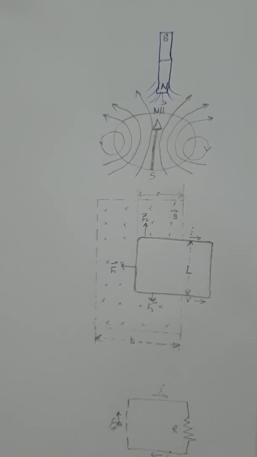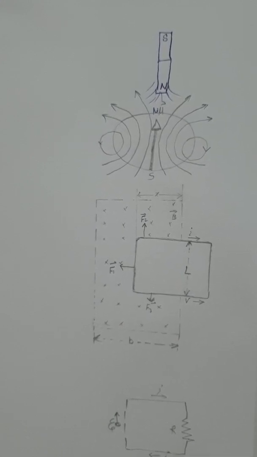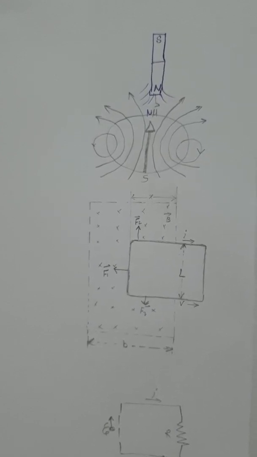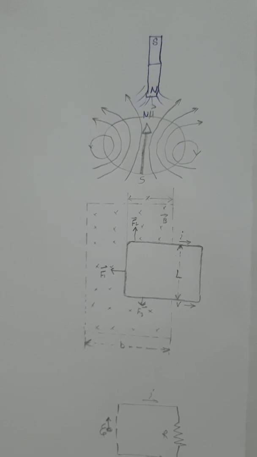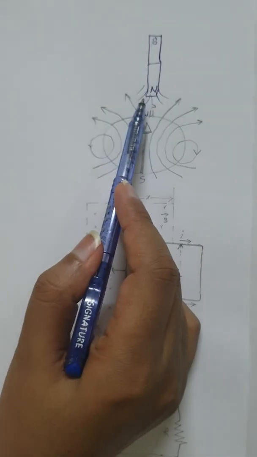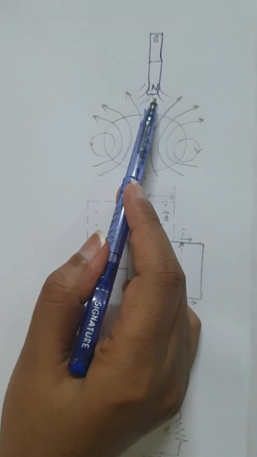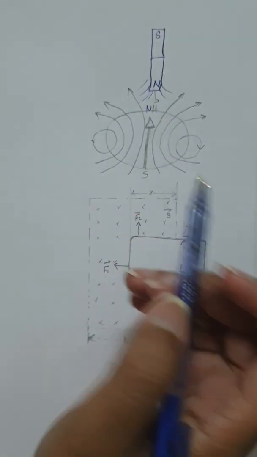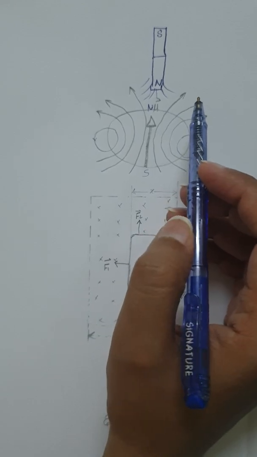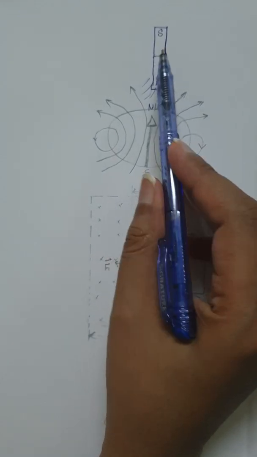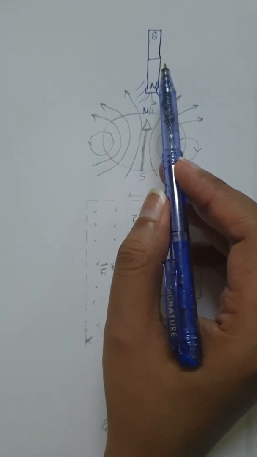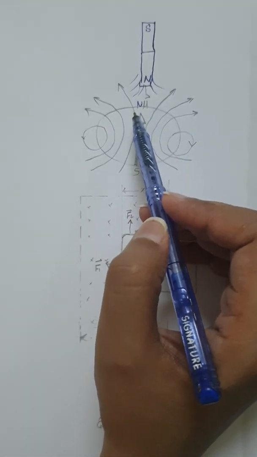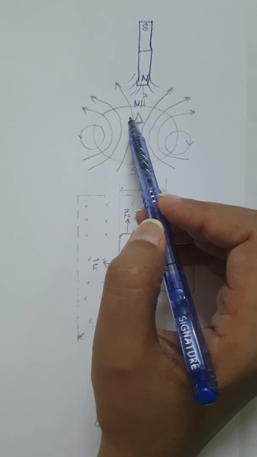Moreover, the flux of the induced magnetic field always opposes the change in the flux of B, but the induced magnetic field is not always opposite to B. For example, if we pull the magnet away from the loop, the magnetic flux is still downward through the loop, but it is now decreasing.